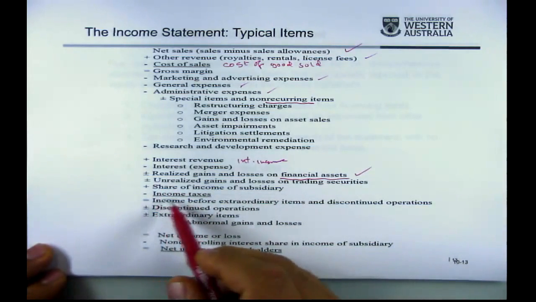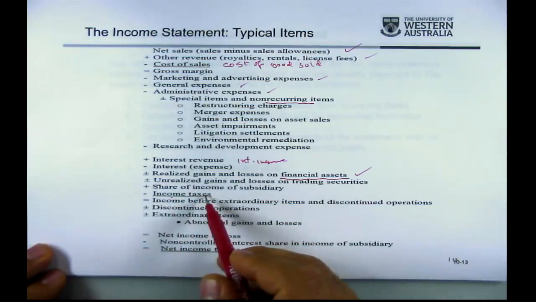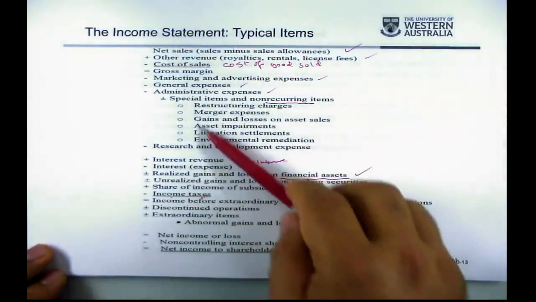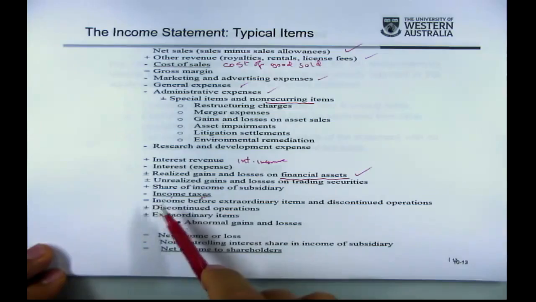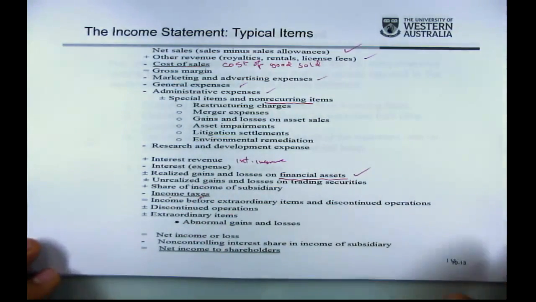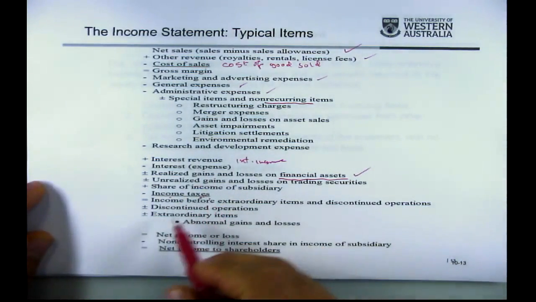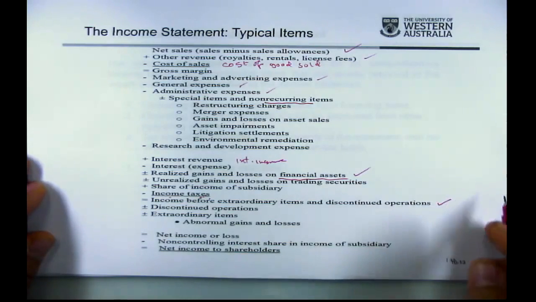And finally, we arrive at the income tax. So the income tax is calculated on the gross margin minus or plus these expenses or gains. Okay? So the income tax is applicable to these items. Note something, that after the income tax is calculated, we have income before extraordinary items and discontinued operations.